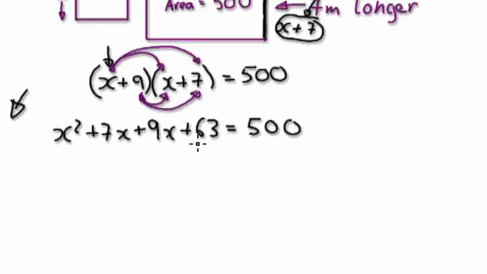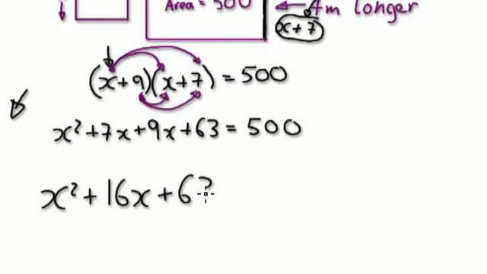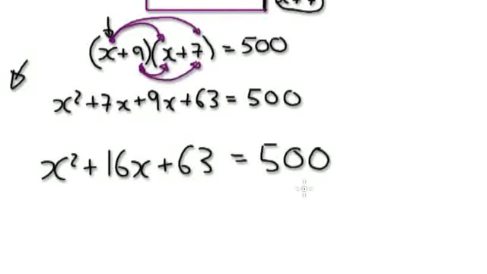Now simplify. This would be x squared plus 16x plus 63 equals 500. It's just a matter of finding out x now.